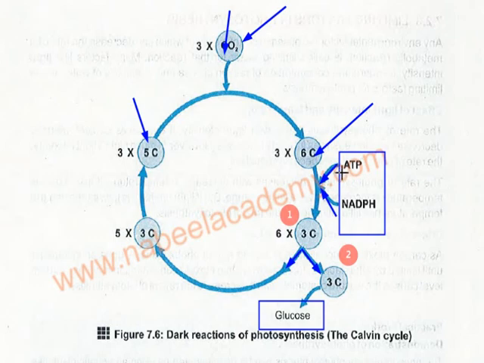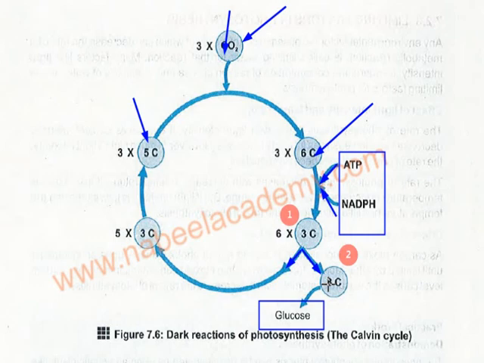First of all, in light reactions, the leaves synthesized ATP and NADPH. Now these ATP and NADPH are used in dark reactions, which are also known as the Calvin cycle.